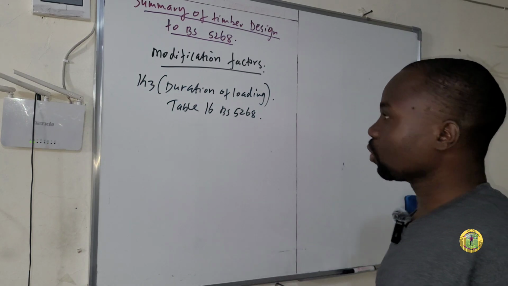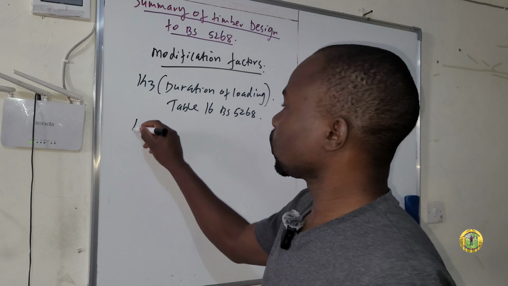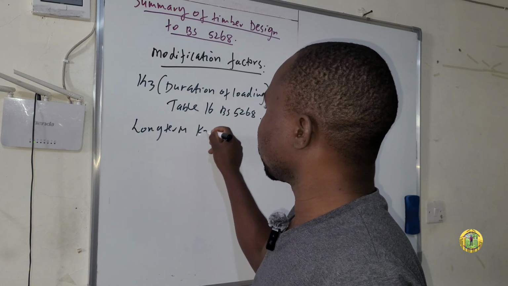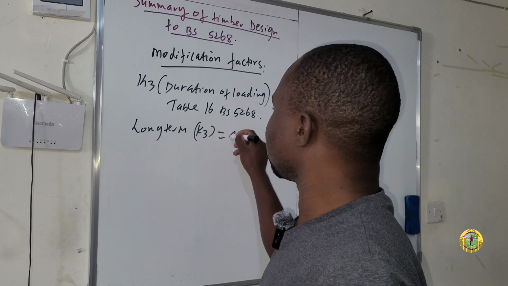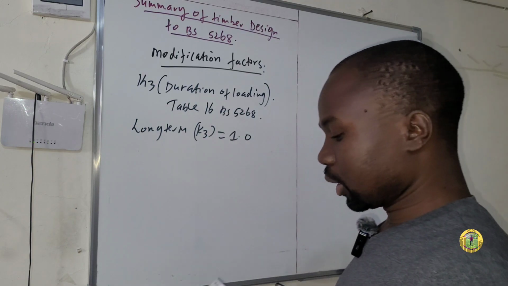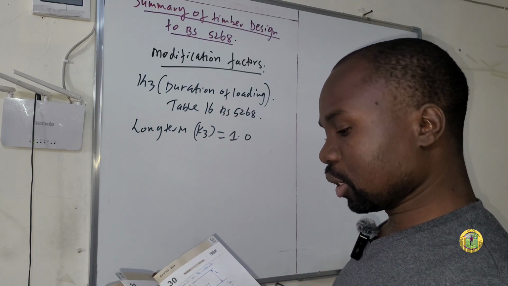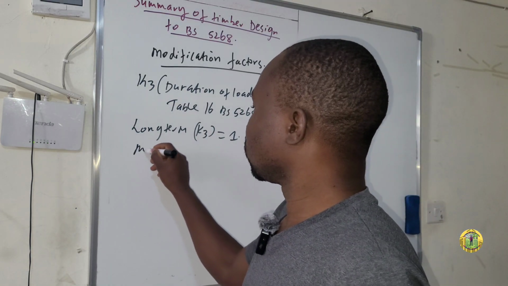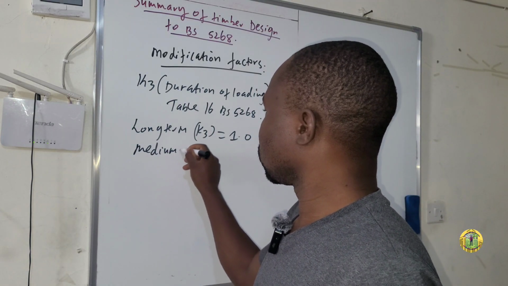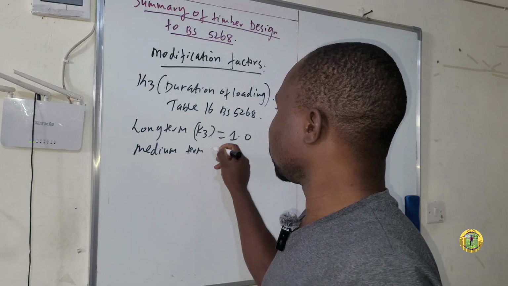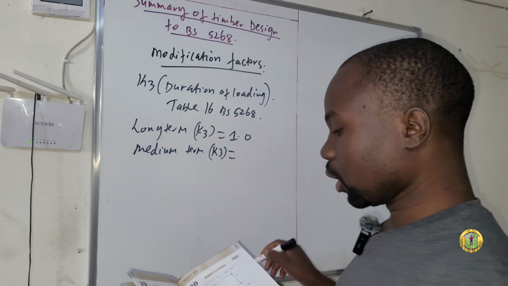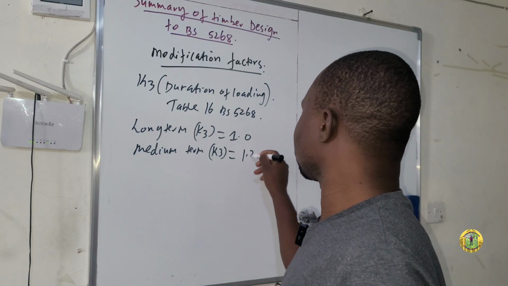Number one, you have the long term. Long term K3 is equal to 1.0. And then we have medium term. K3 for medium term is equal to 1.25.